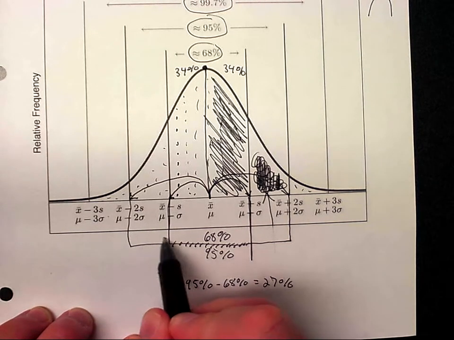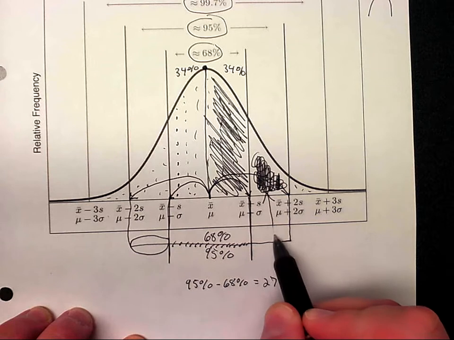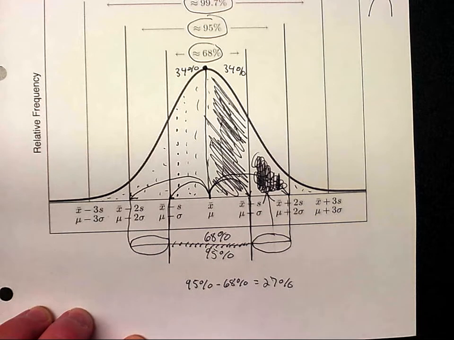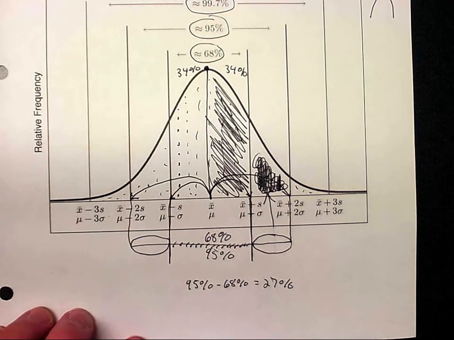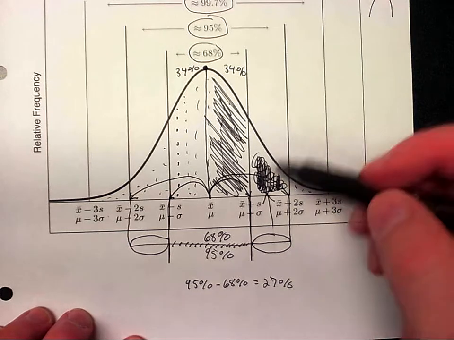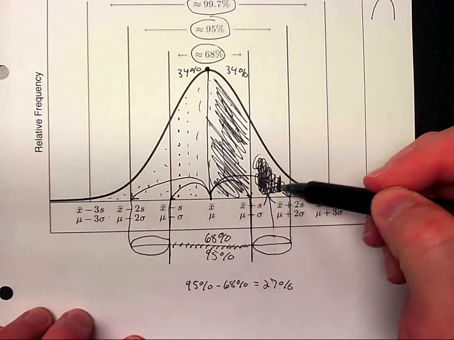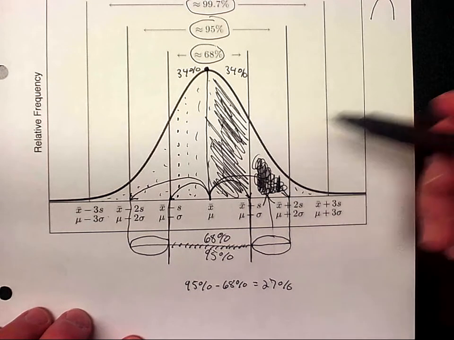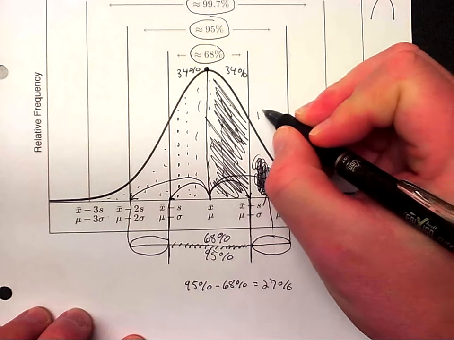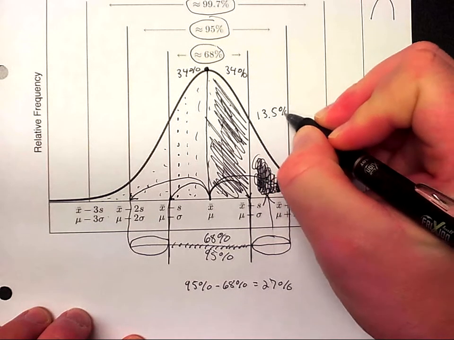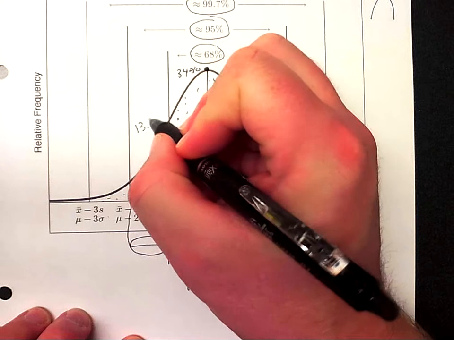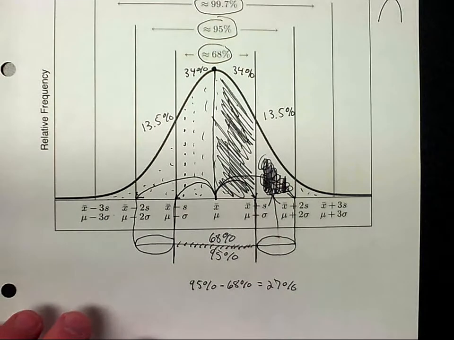Well, what that means is that this section over here and this section over here combined have to be equal to 27%. So therefore, if I'm just looking at this right here, what am I going to do with that 27%? Divided by 2. So then therefore, 27% divided by 2 is 13.5%, and this over here is also 13.5%. Is everybody good with why this sliver over here is just 13.5%? Everybody good with how to get that?